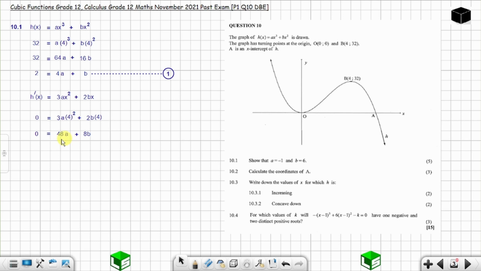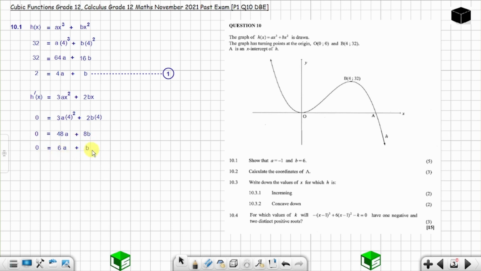You can divide by 8 throughout to simplify this. So 0 divided by 8 is 0, equal to 48 divided by 8, which is 6, so you have 6a, and dividing by 8 you have plus b.